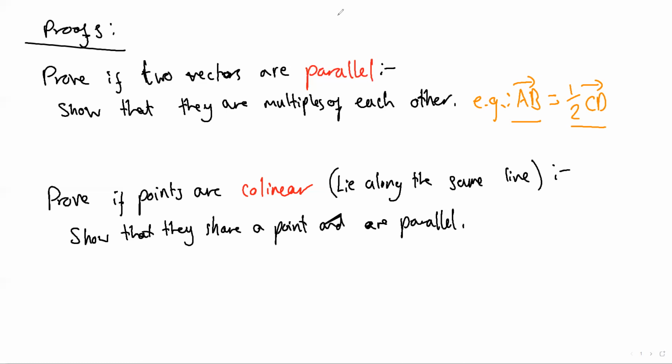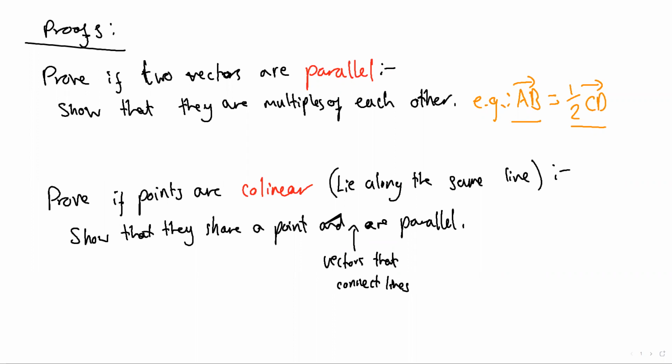So this is tougher to prove, because you need to show that they share a point, and then two vectors that connect those lines together are parallel. So you need to show that they're parallel and they share a point.